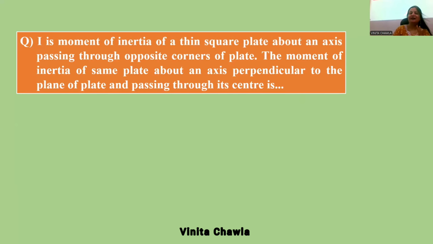Okay, we have a square plate, and I is the moment of inertia about an axis passing through the opposite corners of the plate.